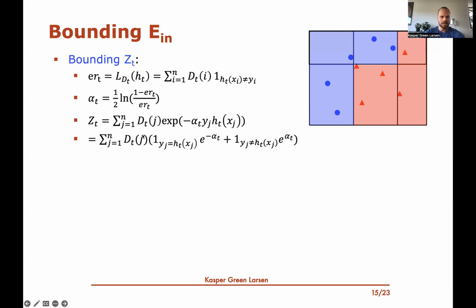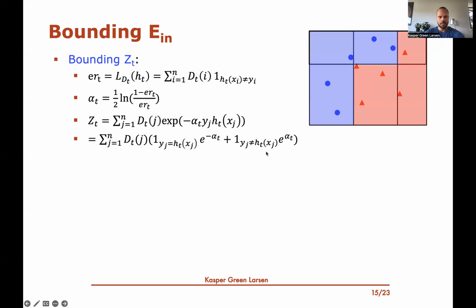You sum over all the points, you take the weight here, and then you take an indicator variable for whether it's classified correctly. And if it is classified correctly, you count e to the minus alpha t. Similarly, for the points that are classified incorrectly, so y j is different from h t of x j, meaning the product is -1, we get e to the alpha t as the term here.